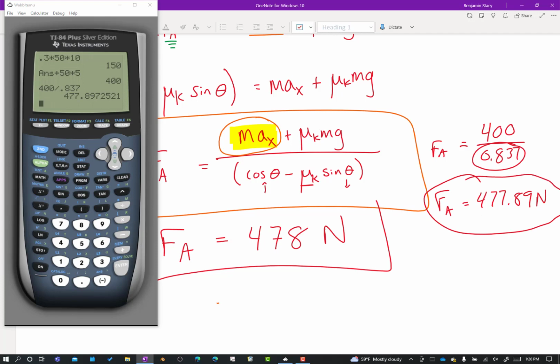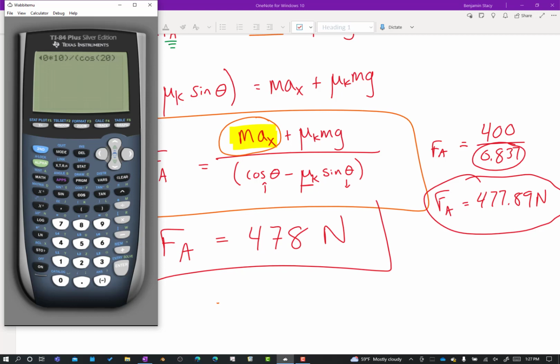And then if we were to put it all in at once in our calculator, this is how I'd do it. 50 kilograms times 5 plus mu k, which was 0.3, times 50 times little g. Okay, all that divided by... I got to make sure that everything downstairs stays downstairs. So I open it with a parenthesis. Then I got cosine 20, close that up.